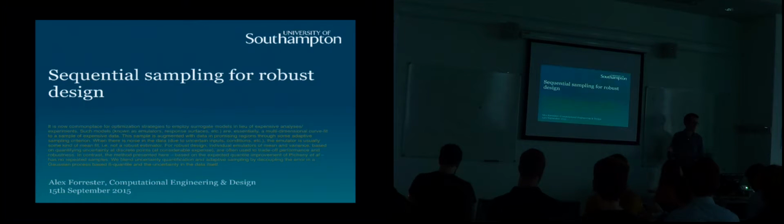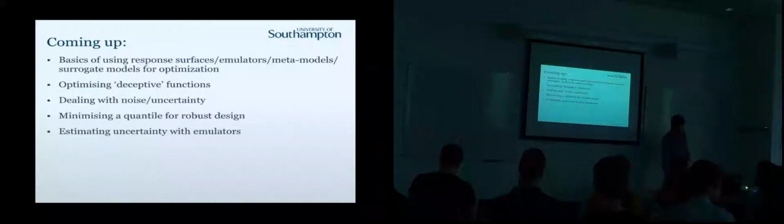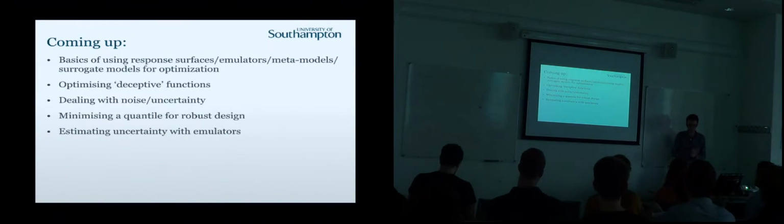And there's been a lot of work there, and people have just ignored the fact that there's so much variation in engineering components and the operating environments of them, and people are now getting on board with robust design.